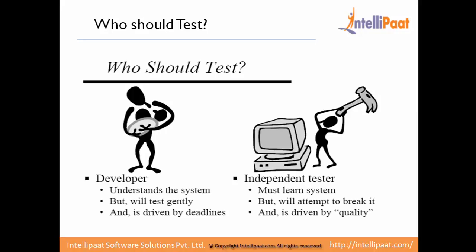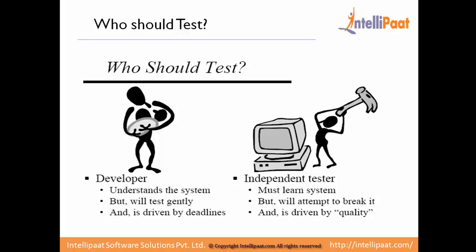Okay, let's see the next point, which is who should test. Now if you see the two sides of the slide, one side is the developer and the other side is the tester. For the developer, the bullet point reads: understands the system but will test gently and is driven by deadlines.